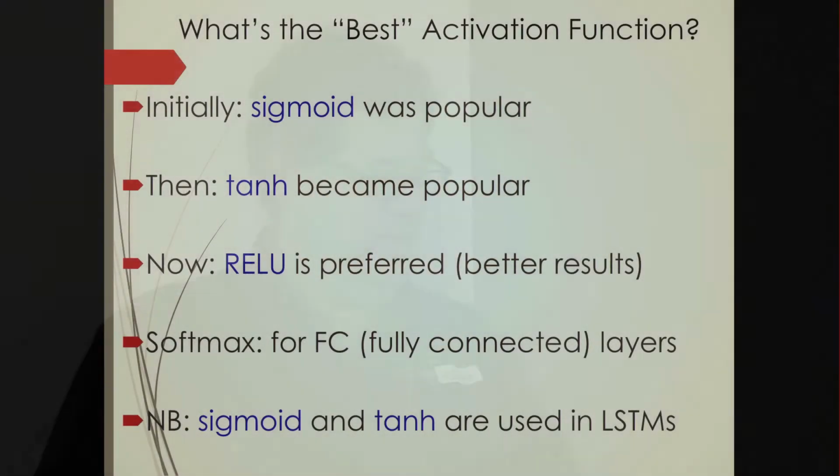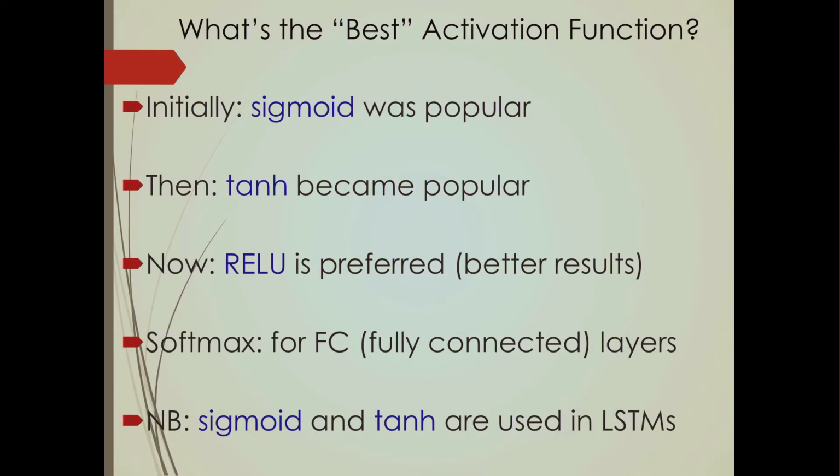Depending on at what point in time you were looking at activation functions, different ones were in vogue. I already mentioned that ReLU is the one du jour. However, for recurrent neural networks and LSTMs specifically, they still use sigmoid and tanh. So don't throw away that knowledge. It's not wasted. It's definitely very useful.